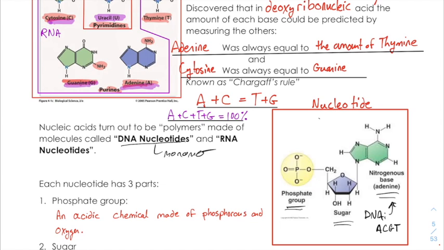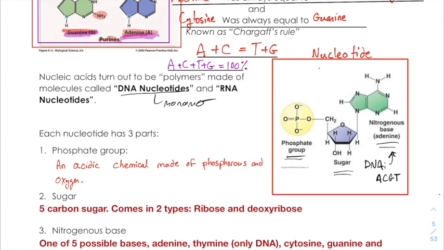If this is an RNA nucleotide, it's very similar: a phosphate, a sugar, and a nitrogenous base, but the base is either adenine, cytosine, guanine, or uracil, and the sugar is different. It will be ribose sugar.